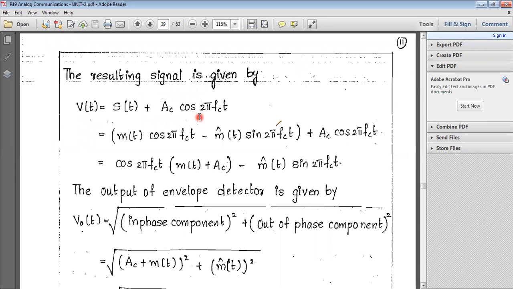You substitute S of t. It becomes m of t cos 2 pi fct minus m cap of t sin 2 pi fct plus Ac cos 2 pi fct.